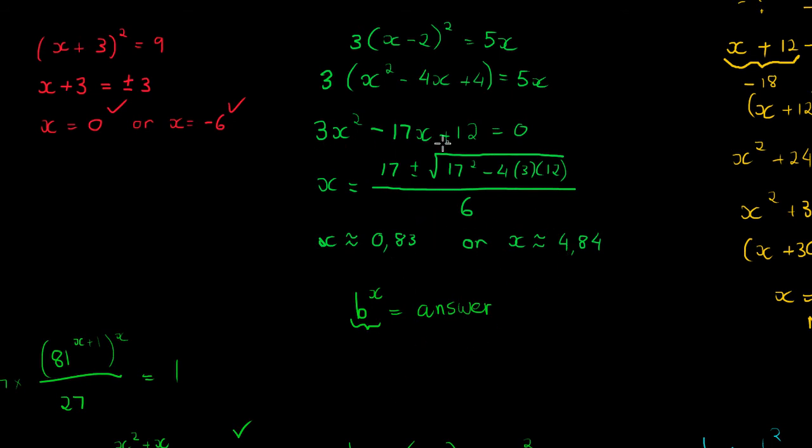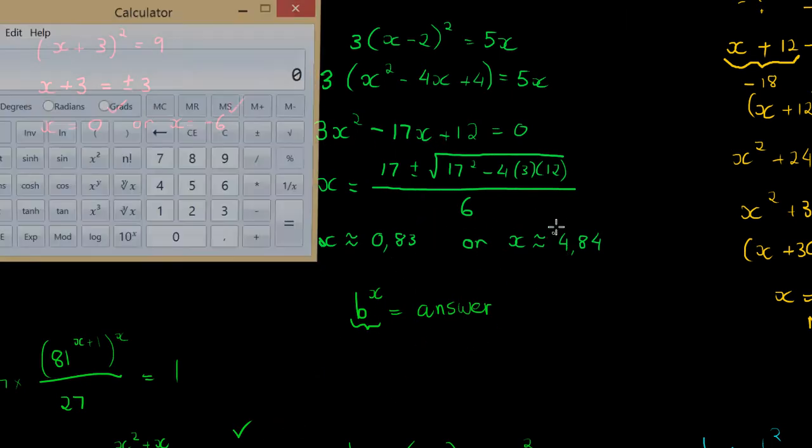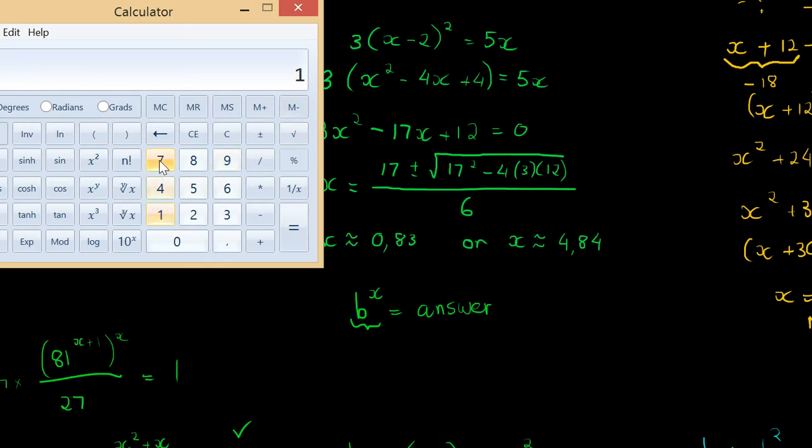Now look what happens when we get the discriminant there. We get 17 negative squared minus 4 times 3 times 12. That's what we got inside here. That's what I calculated, and I took the square root of it. Now if I take the square root of this thing, it is an irrational number.